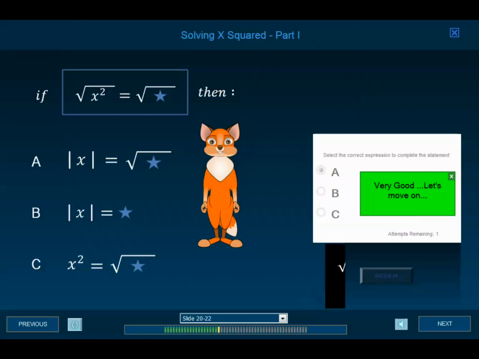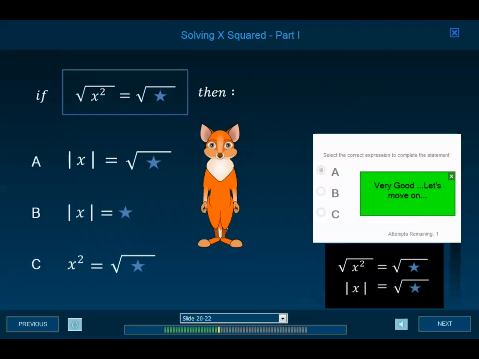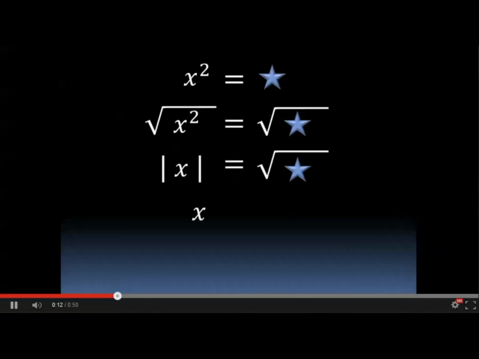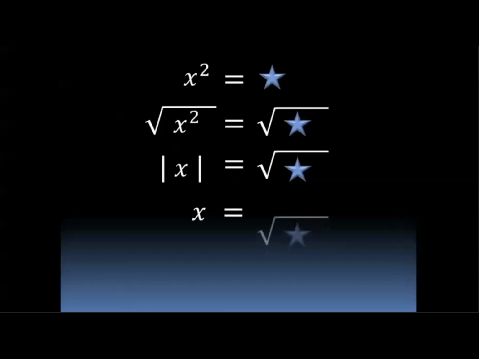If the square root of x squared is equal to the square root of star, then the absolute value of x is equal to the square root of star. x equal to the square root of star, or x equal to the opposite, a negative square root of star.